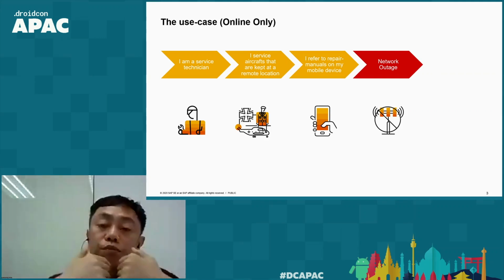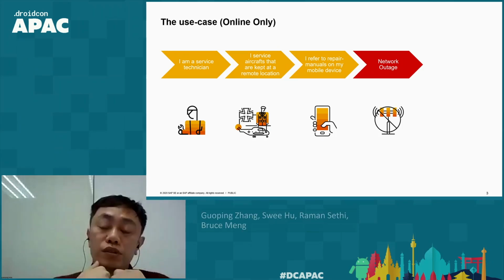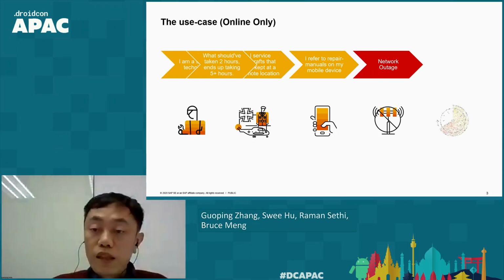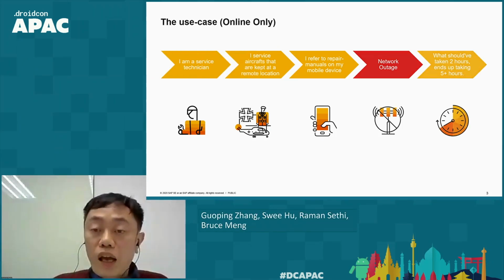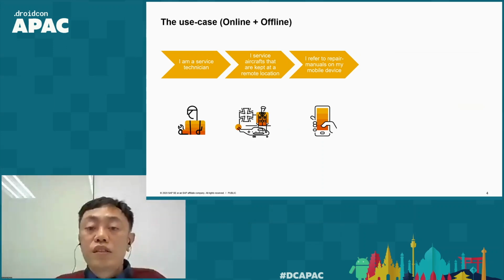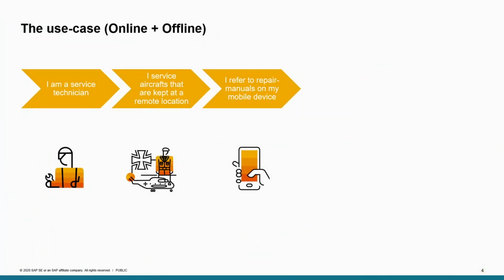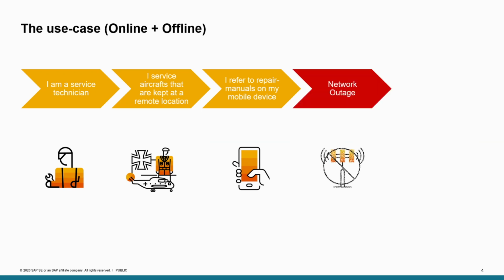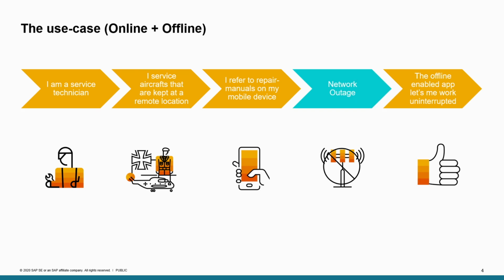But if I have to browse this information online, then if there's a network outage, I'm stuck. But if I have an offline app and I'm able to download everything I need at the beginning of my shift, and later throughout the day I can refer to them locally, then even if there is a network outage, I'm still okay. That means a great deal to my productivity.